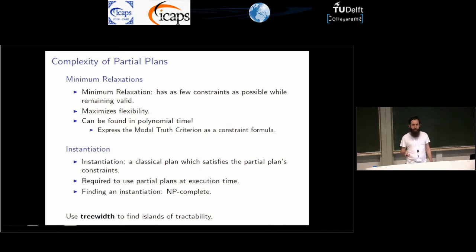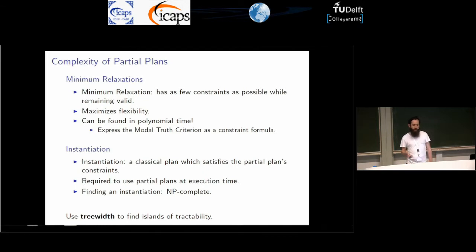So the language is so expressive, you can actually just directly define a constraint formula, which is the minimum relaxation. Now, I won't go into the details of how we do this, but we use a thing called the modal truth criterion, which can be simply expressed as a constraint formula. So there's more details about that in the paper if you want to go and look at all the maths.